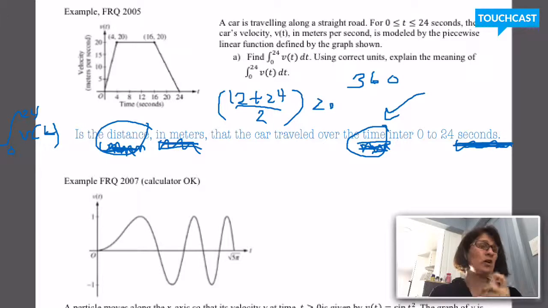So the distance the car traveled is also correct. And the third option, you could say in this case, because it happens to be equivalent, that that integral is equal to the total distance traveled by the car, but that's only true because velocity happens to be positive. Just notice the three different wordings, the three different kinds of prepositions that you have to use if you're going to use whichever one of those three terms. We'll see some more examples later on where it does matter which of those phrases we pick.